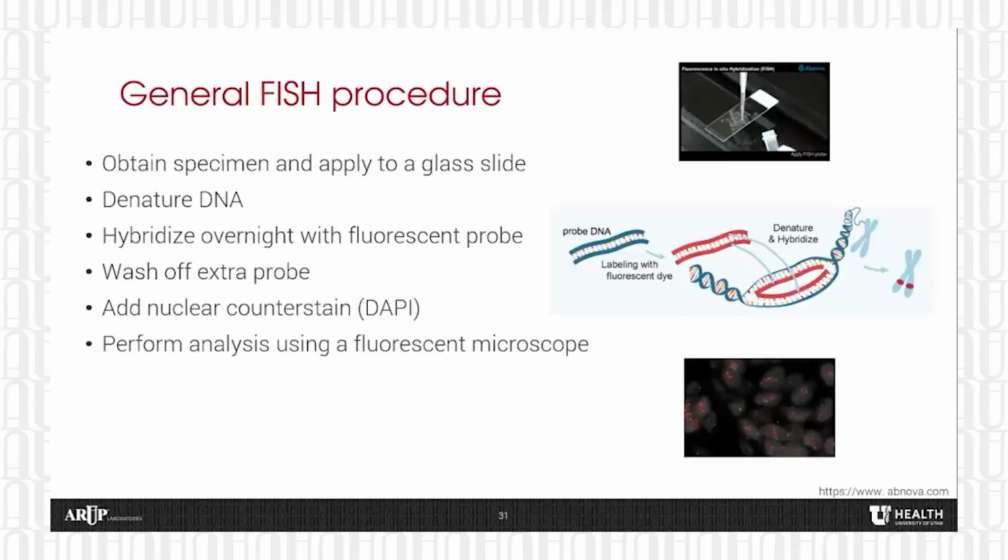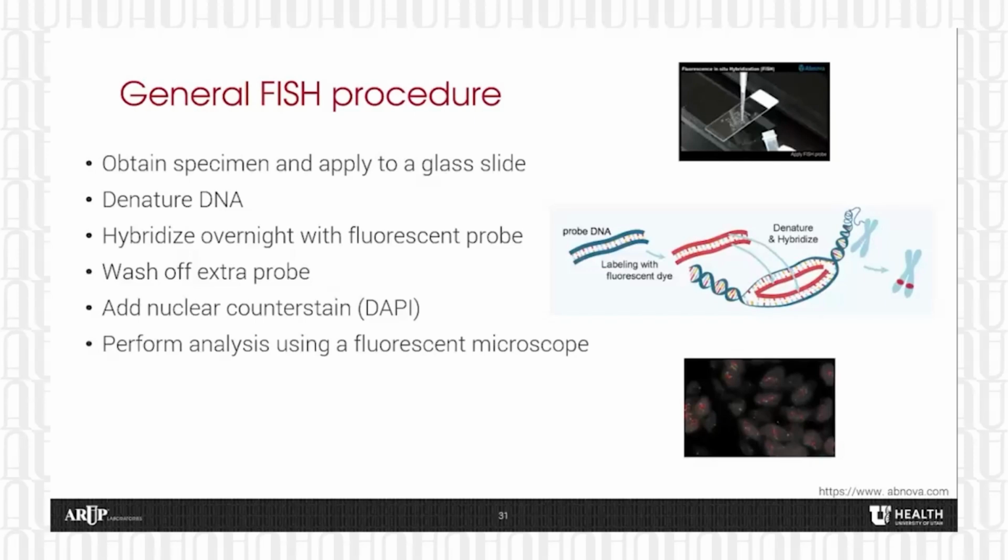In general, the general FISH procedure is that you start with your specimen on a glass slide, and then DNA is denatured and hybridized overnight with your fluorescent probe.